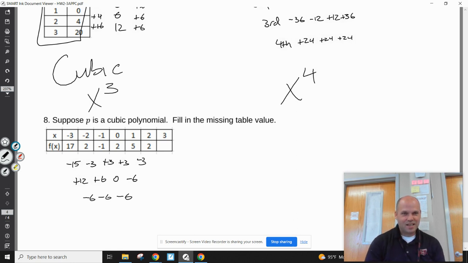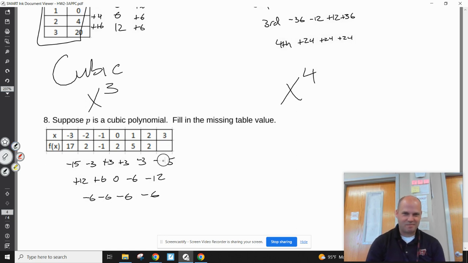That means our next one has to be minus 6. So that means this has to be a minus 12. And if that's minus 12, this has to be a minus 15.